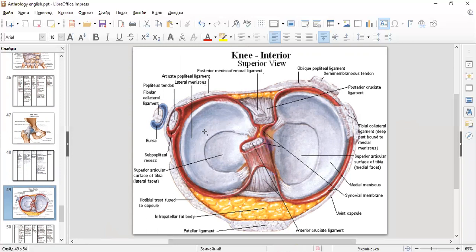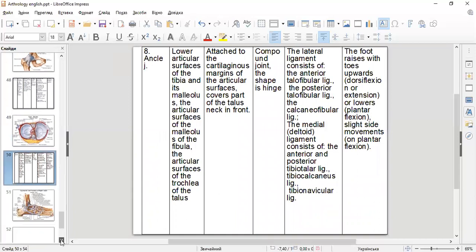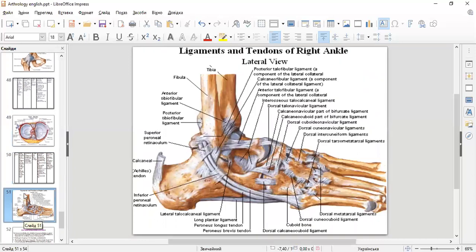In the picture you can see important accessory elements of the knee joint: the lateral meniscus, medial meniscus, and all ligaments. Information about the ankle joint with picture.